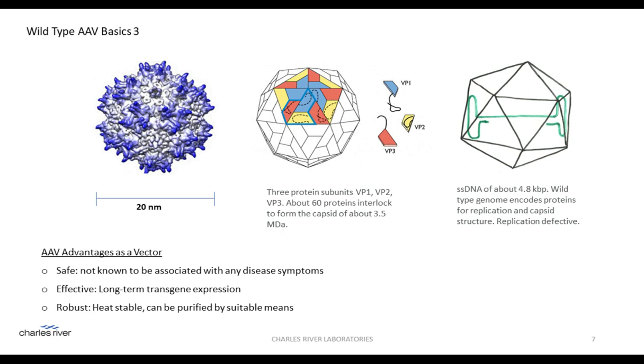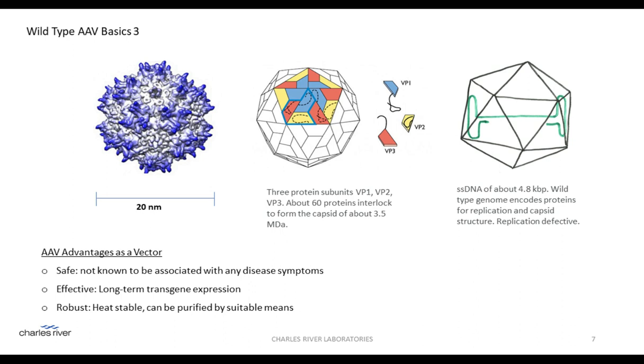Now, the wild-type AAV virion itself is a small, non-enveloped icosahedral particle, about 20 nanometers in diameter. And one of the few disadvantages, incidentally, to AAV is this small capsid geometry and the relative size of the gene that can therefore be packaged.